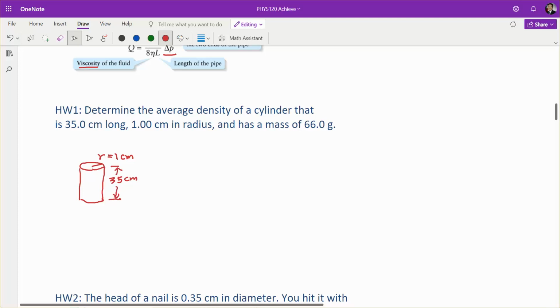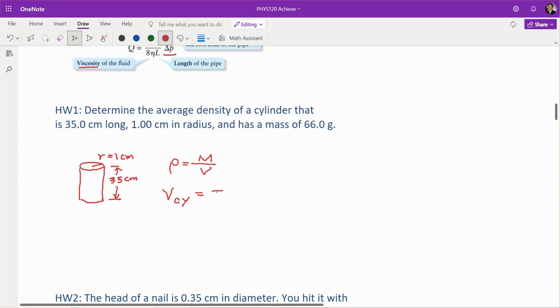Now the density that we know is equal to the mass divided by the volume. Well, the mass is given, all you need to do is find the volume of the cylinder. Now remember, the volume of the cylinder is equal to the area multiplied by the length. So what is the area?